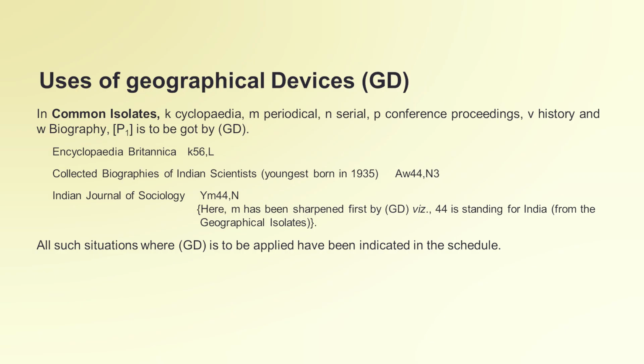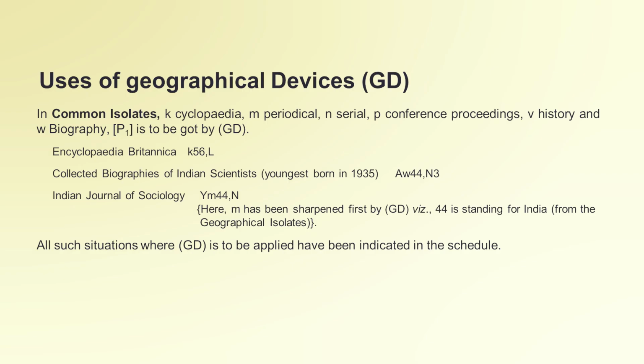In common isolates, encyclopedia, periodical, serial, conference proceedings, history, biography, P1 is to be got by geographical device. As for example, the notation for Encyclopedia Britannica: common isolate for encyclopedia is small k, then we get P1 for encyclopedia by geographical device, and for Britain we get the number from geographical isolate as 56.